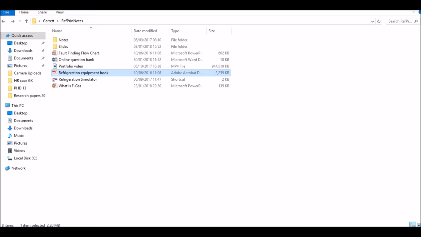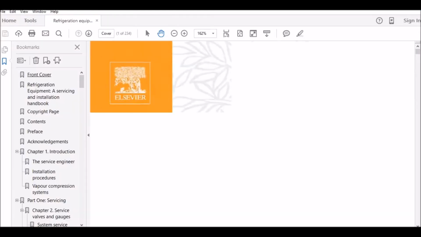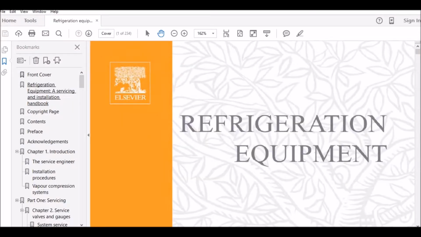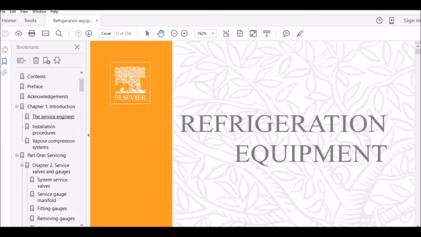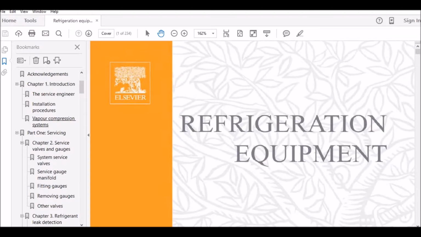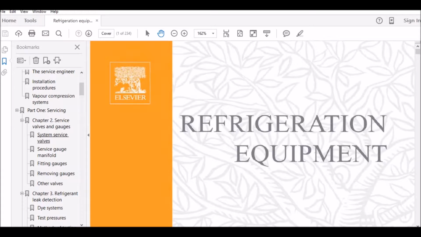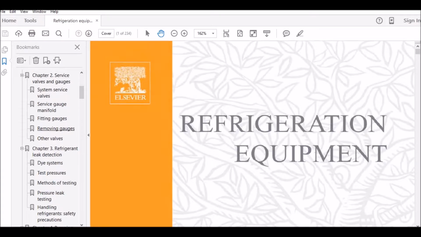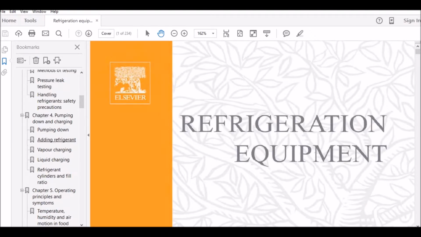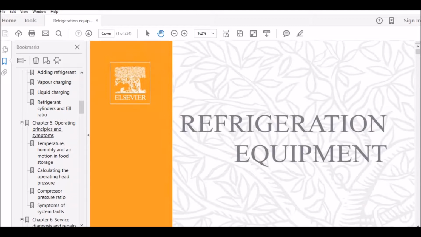If I just double click and open it up, you can see this is the thing, and it has all of the contents of this course in terms of what we need to know: vapor compression system, service gauges, service manifold, how to remove gauges, how the different valves work, and so on and so forth, and how to pump down and how to charge systems and so on.